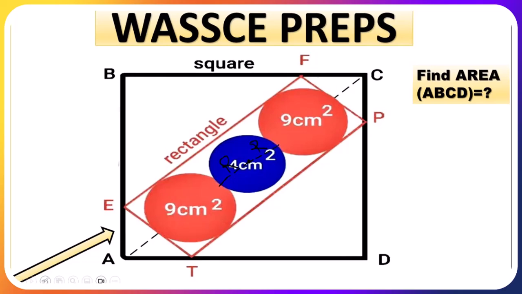So now we are calculating the diameter for the second circle. Using the diameter, area is equal to 1/4 pi d squared. So area, which is 4 centimeters squared, equals 1/4 pi d squared.